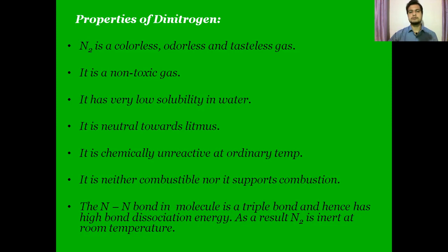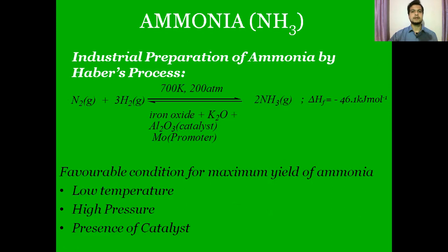So the two nitrogens in N2 have a triple bond, which we call p-pi multiple bonds. You can see in the last line, the nitrogen bond in the molecule is a triple bond and hence has high bond dissociation energy. As a result, N2 is inert at room temperature. And remember that it is neither combustible nor does it support combustion. So these are some of the properties of dinitrogen gas.